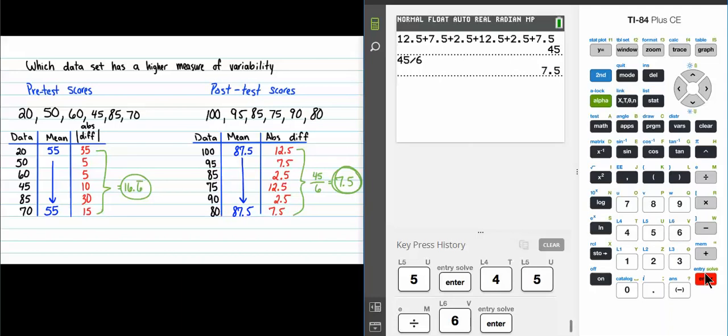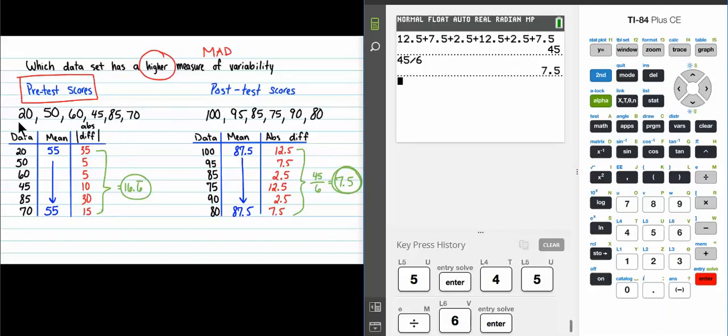Which of these two has a higher measure of variability? So which one has a higher mean absolute deviation? And between these two, my answer would be the pretest scores. So I guess I can box this in. Pretest scores are higher, have a higher measure of variability than the post-test.